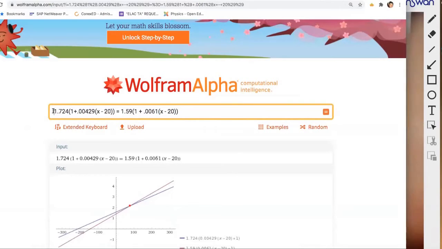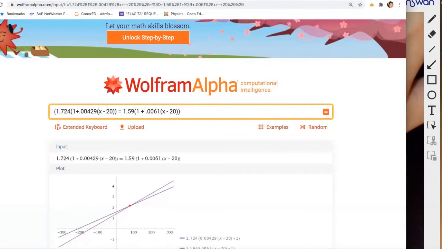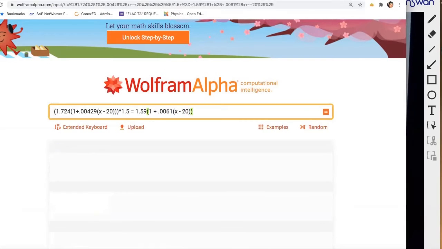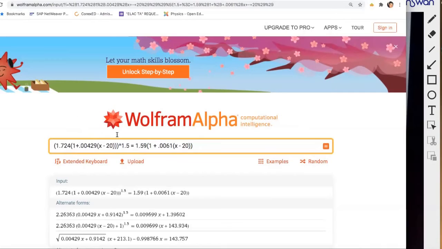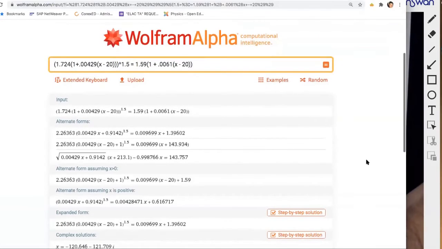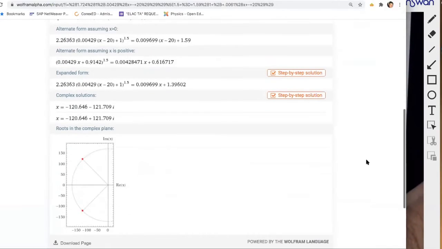Then I could put parentheses, put another one, to the power 1.5. So there's only a complex solution?